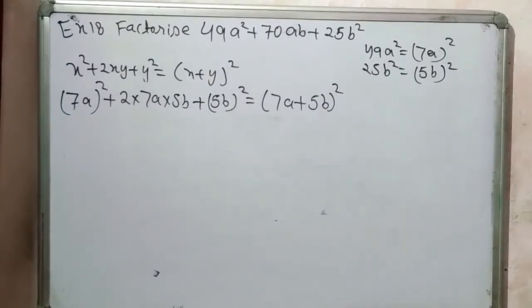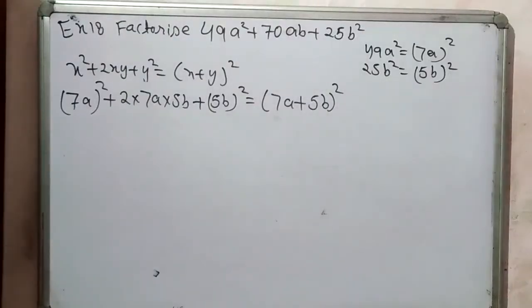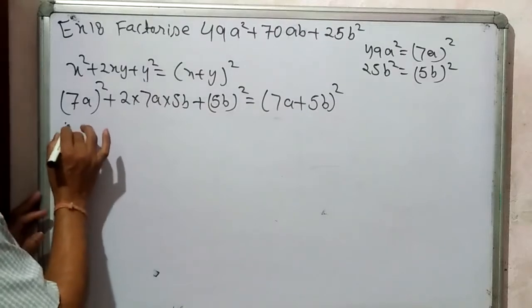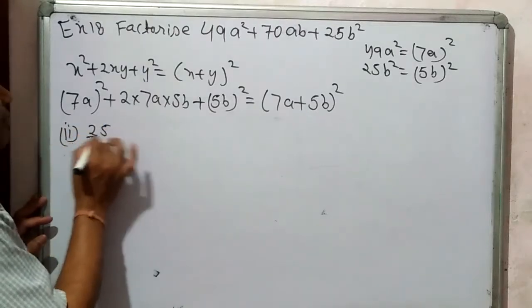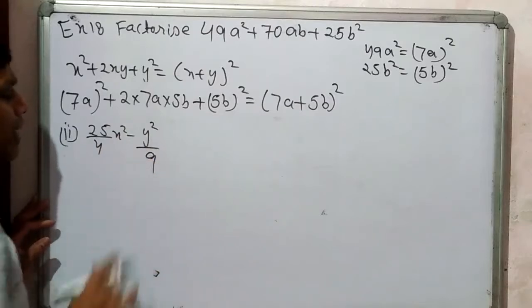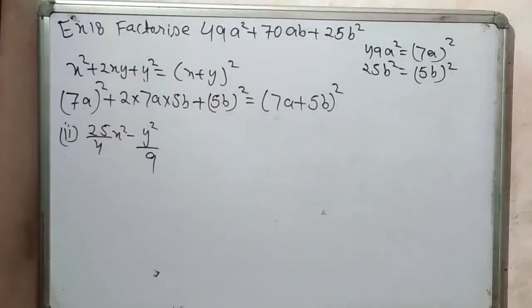The second part in this is 25 upon 4 x square minus y square upon 9. Now we identify this is actually the difference of two perfect squares.